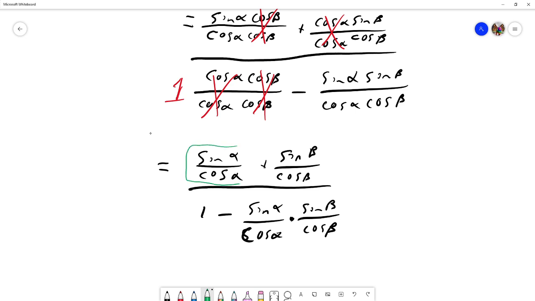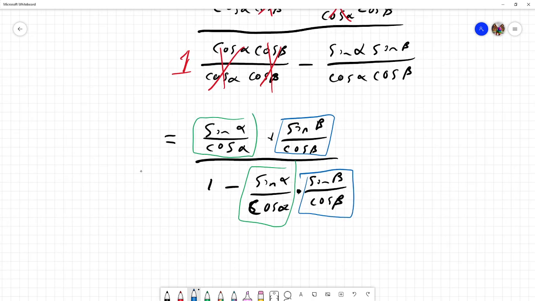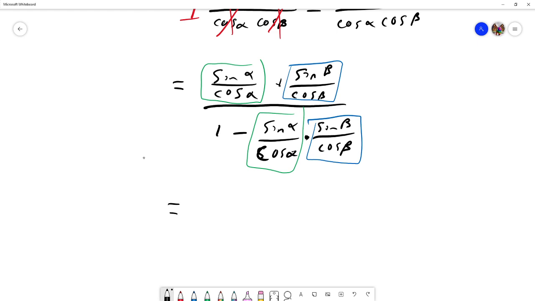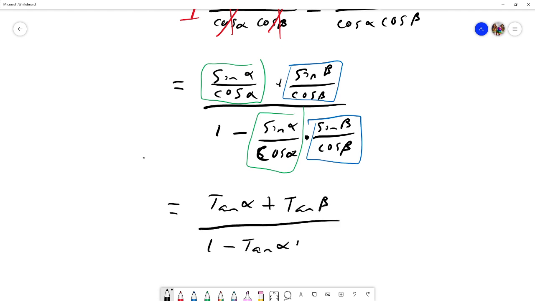So this is going to be a tangent alpha, this is going to be a tangent alpha, and this quantity is going to be a tangent beta and a tangent beta. Alright, so this then becomes tangent alpha plus tangent beta over 1 minus tangent alpha tangent beta. So that is what tangent of alpha plus beta is equal to.